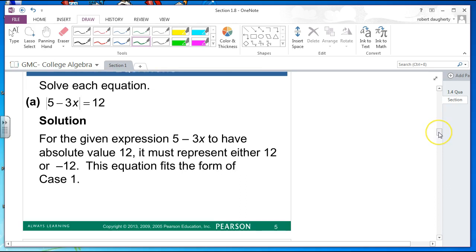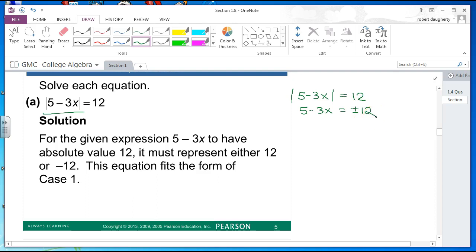So let's solve a few equations. Your key here is to isolate the part that has the absolute value. Get the absolute value by itself, okay? So the absolute value of 5 minus 3x is equal to 12. If I take the absolute value sign away, then I get plus or minus 12, okay?